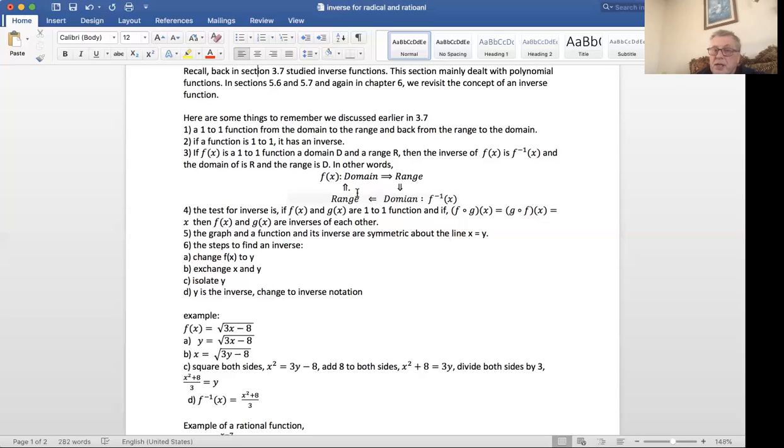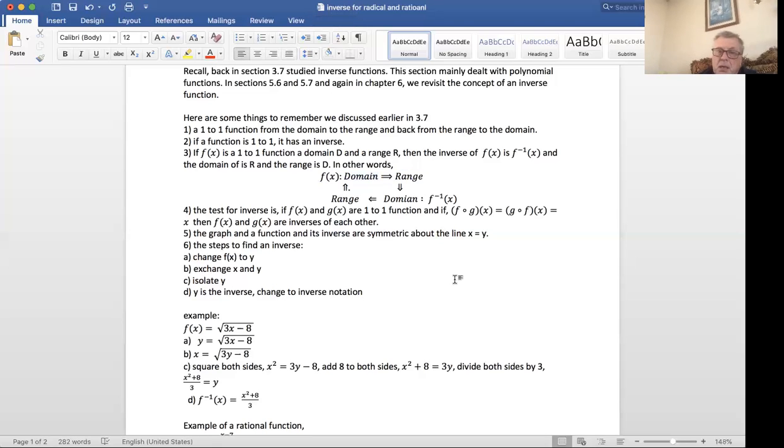So let's take a look at it in this graphic. If I have f of x going from domain to range, then this range becomes the domain for f inverse of x, which sends it to its range, which was the original domain of f of x.